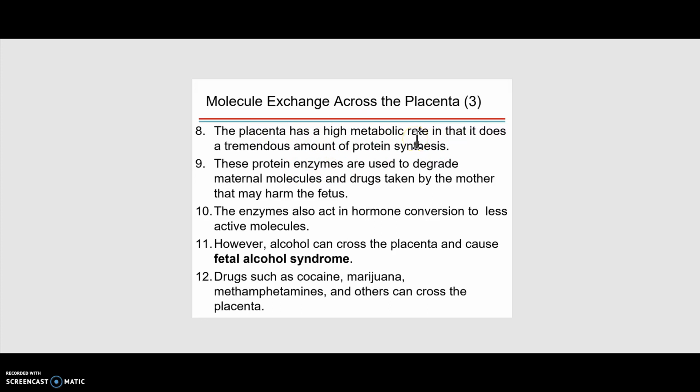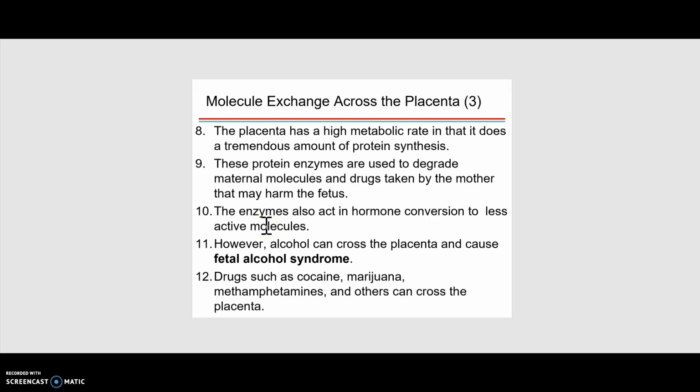So it's not just sitting there to do the exchange. These protein enzymes are used to degrade maternal molecules and drugs taken by the mother that may harm the fetus. So medications, drugs, and various things produced by the mother, even normal metabolic and biochemical products, try to be degraded by the placenta. That's part of its metabolic activity.